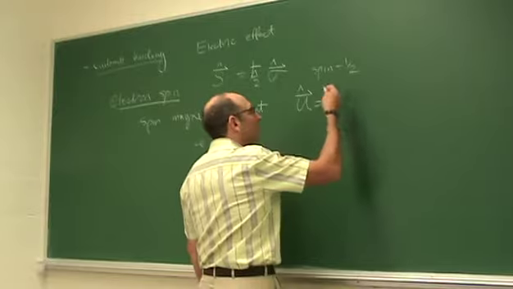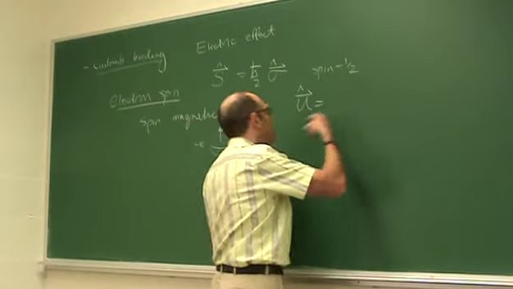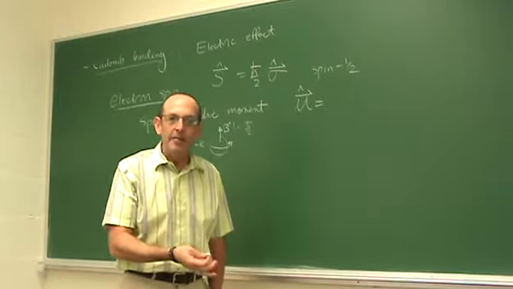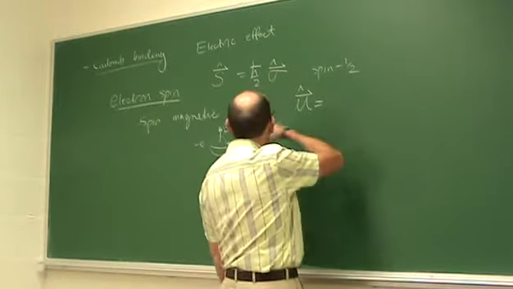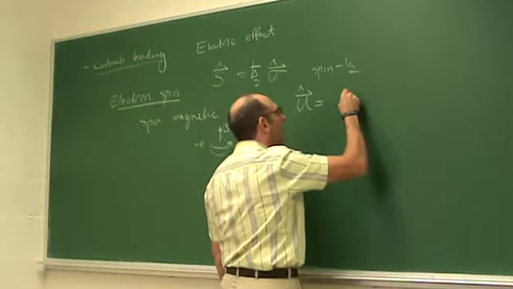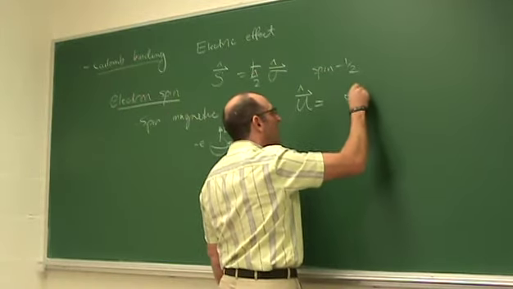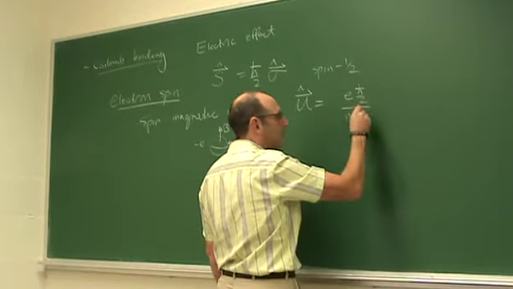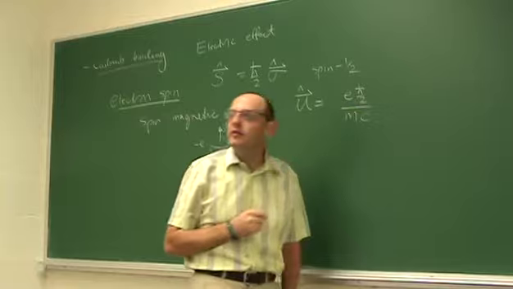If you just solve this problem from classical electrodynamics for a spinning ball of charge, it would be the charge times the angular momentum over the mass, and in CGS units, the speed of light.